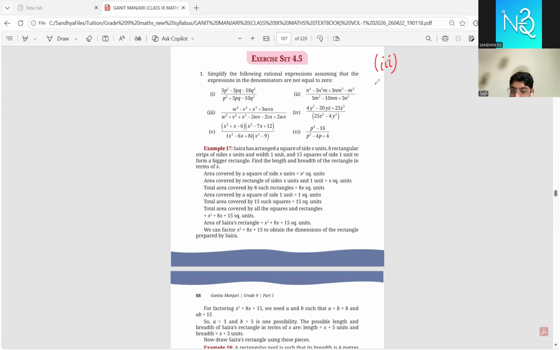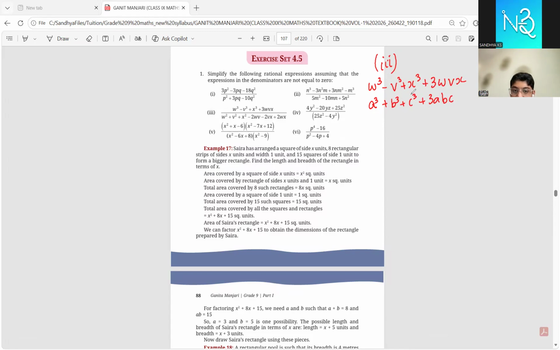So the next question, the numerator first I will write: w cube minus v cube plus x cube plus 3wvx. This identity we studied in the last class: a cube plus b cube plus c cube minus 3abc.